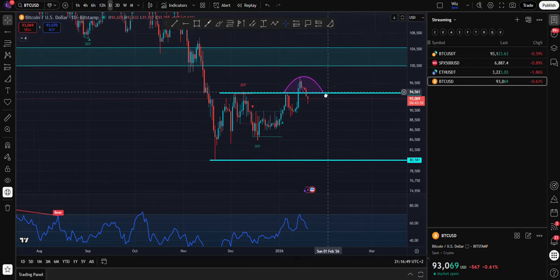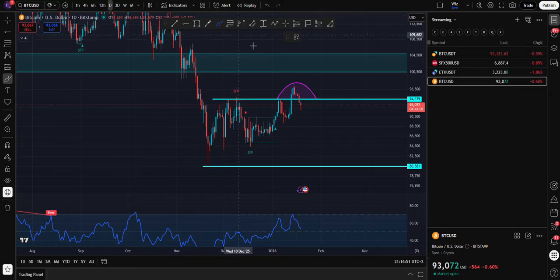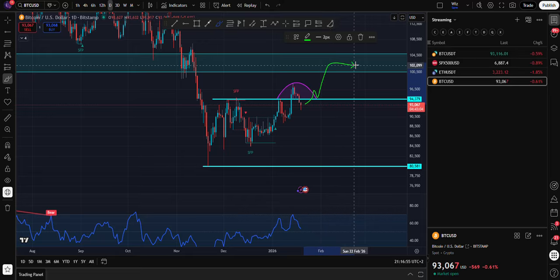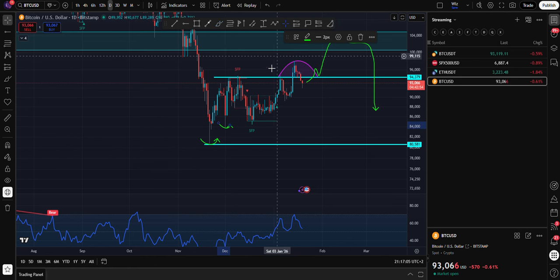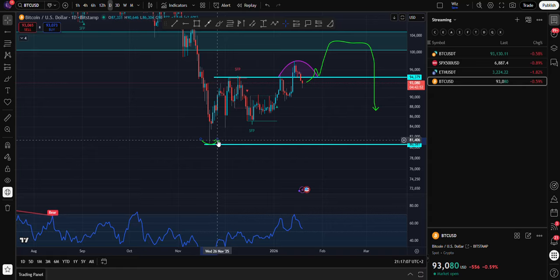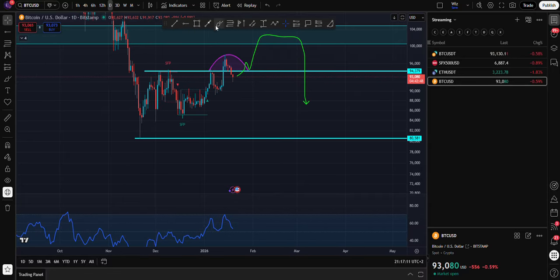I'm not saying that it cannot still go higher and top around here and then move lower. But these lows will definitely get swept at some point, because they always do. And that's where I'm willing to add into swing long positions.